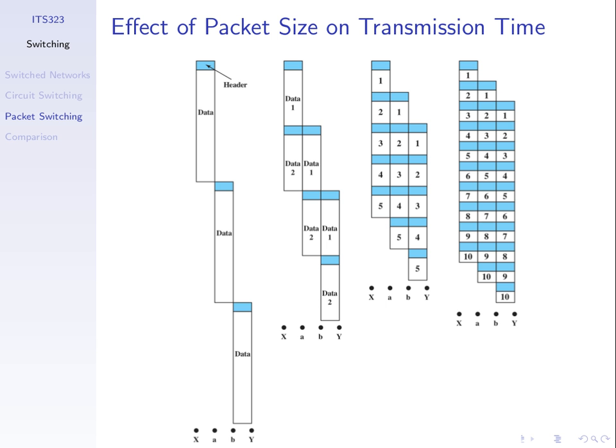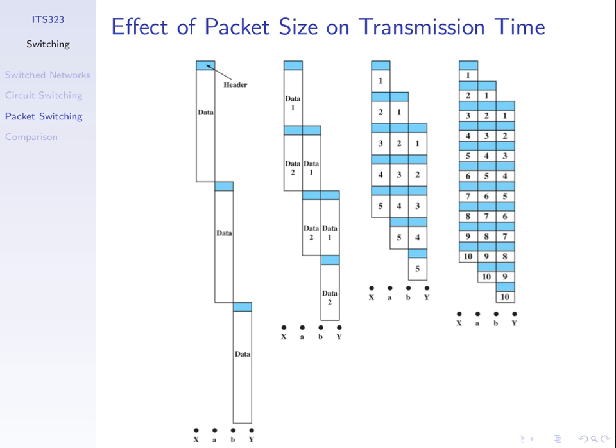So we see the packet size impacts upon the total time to deliver the traffic across the network. The best one in this example is the third one, it takes the least amount of time. It's related to the number of packets we have. Can we transmit them in parallel? That is, be receiving a packet and at the same time transmitting a packet, but still the header has some impact.